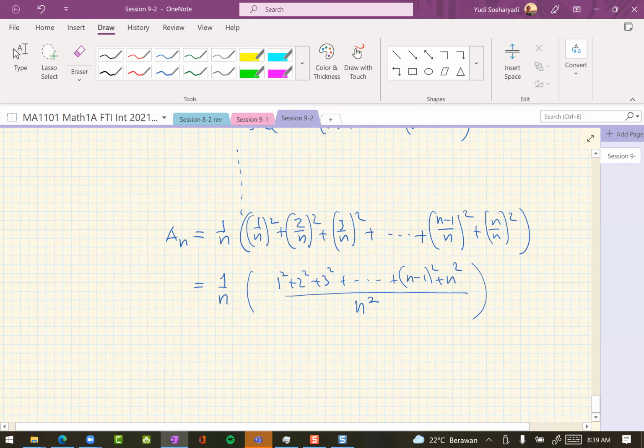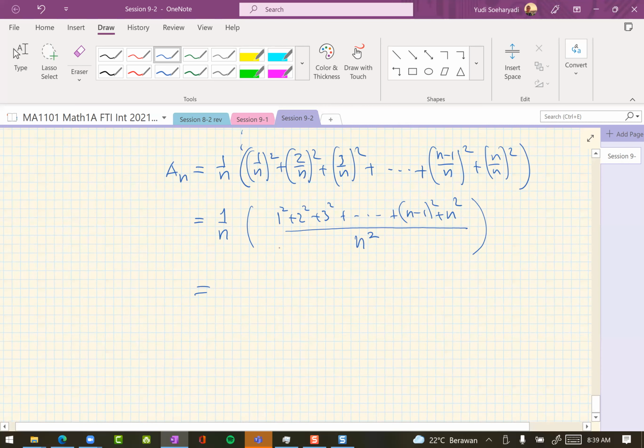And so this gives you 1 over n. So somehow, can we simplify this one? So that's the equation here. Can we simplify this one?